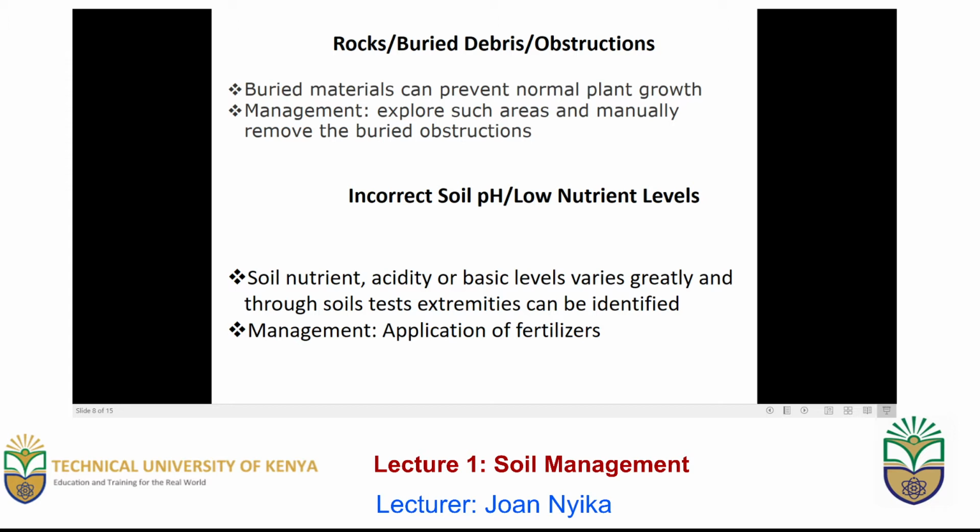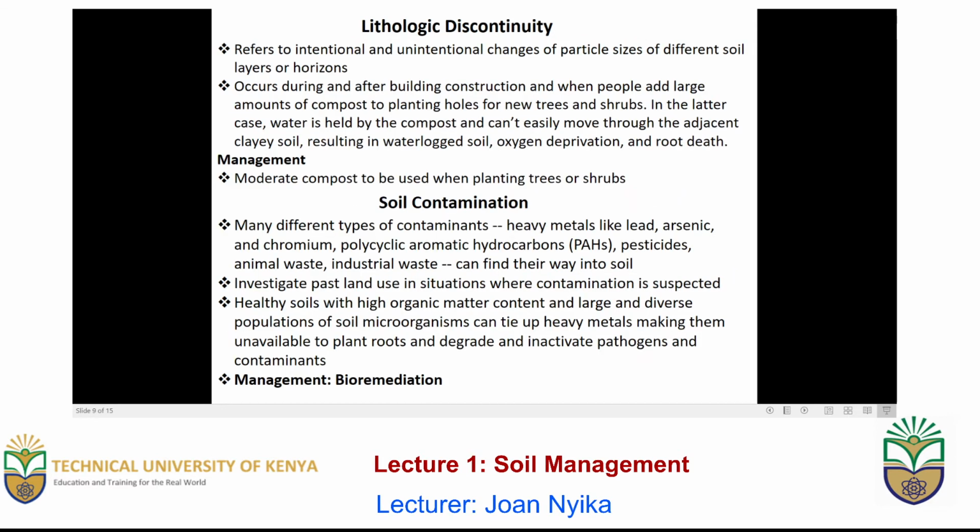The soil nutrients could either be lost as a result of transformation or during the processes of leaching. How to manage the incorrect soil pH and the presence of low nutrients is through the application of fertilizers and other soil conditioners. We will look at examples of fertilizers and examples of soil conditioners.